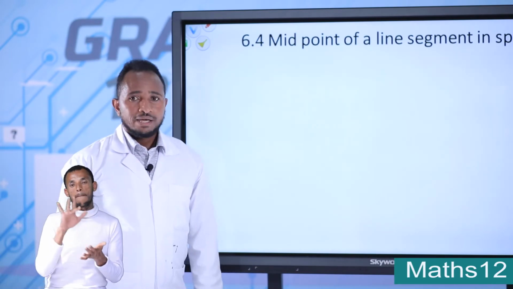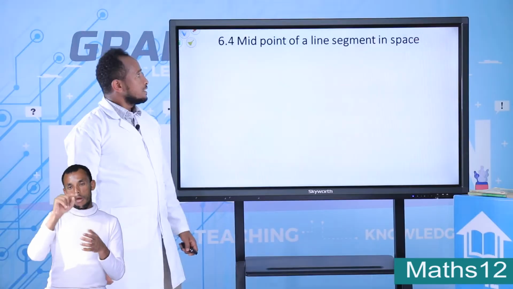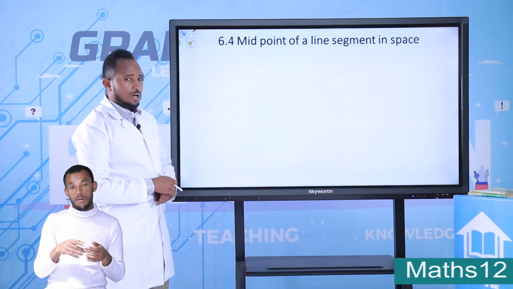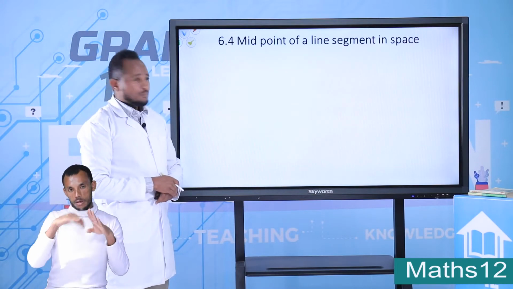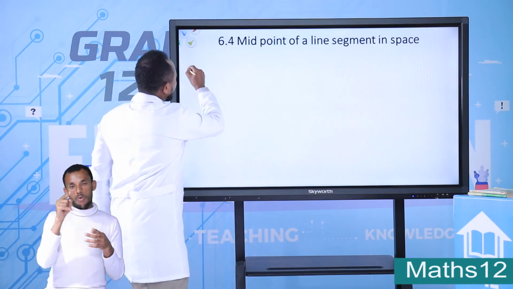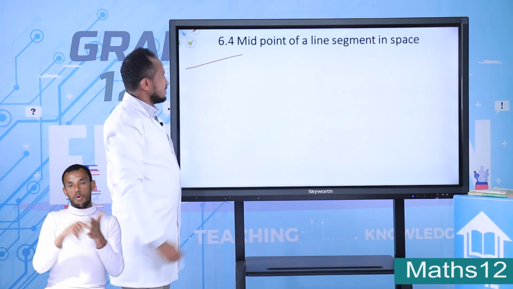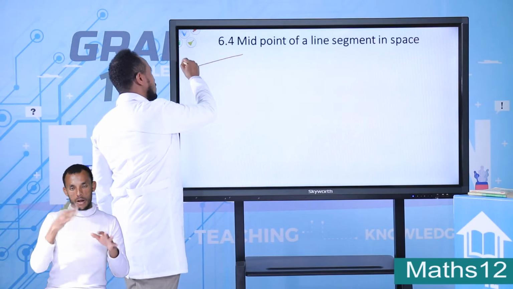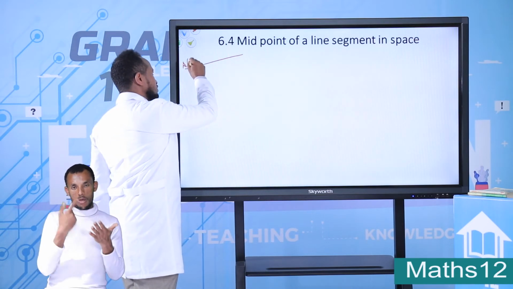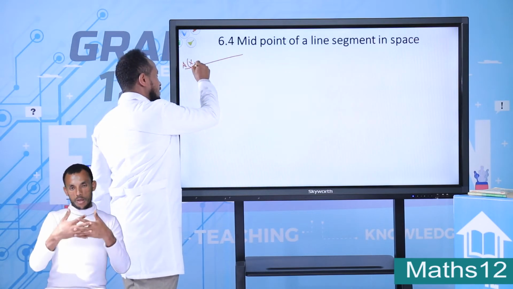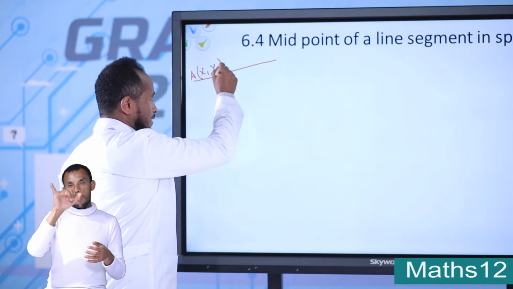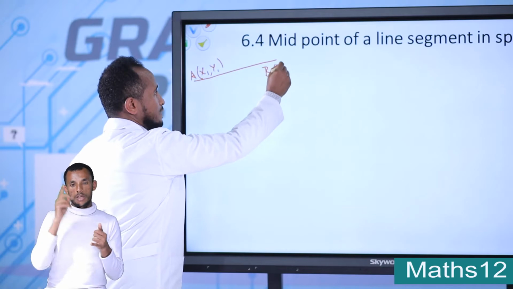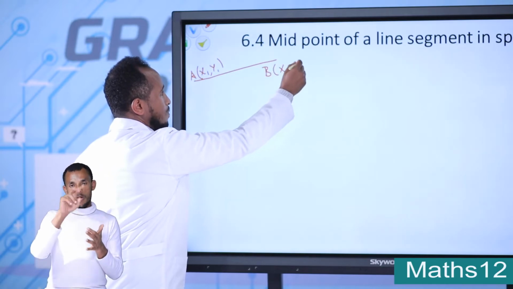Midpoint of a line segment in space. I think you can remember the midpoint formula, especially since you have learned this in grade 10, in a plane. If you have a point here, assume the coordinate of this point is x1, y1, and this end point is x2, y2.